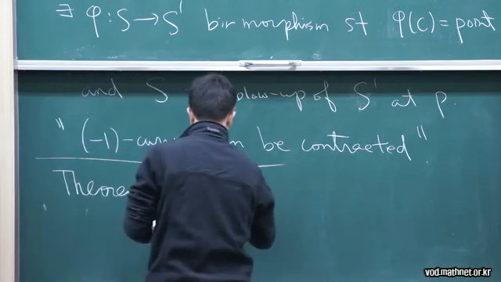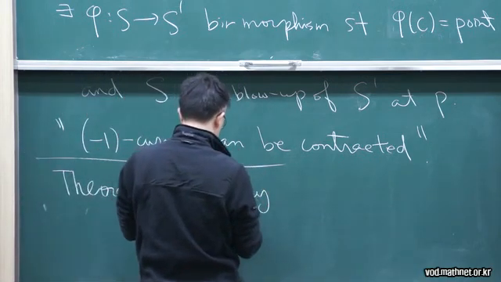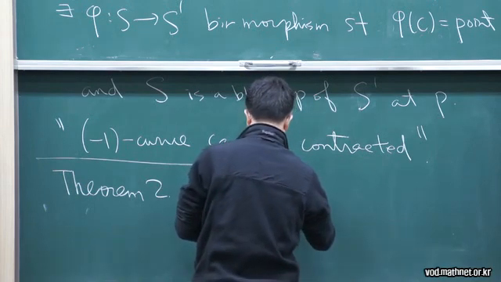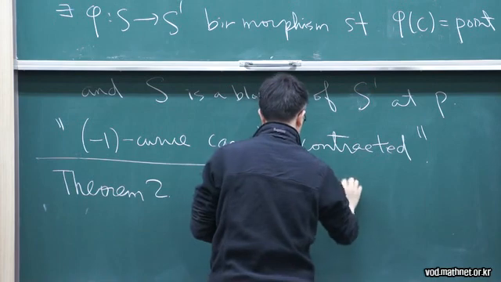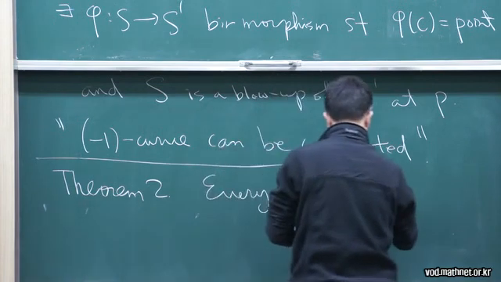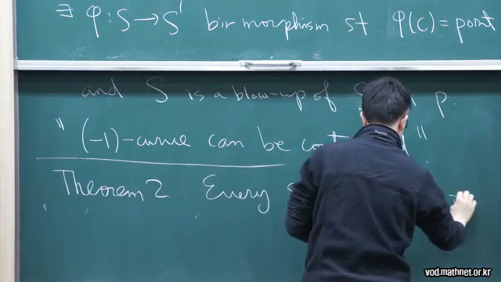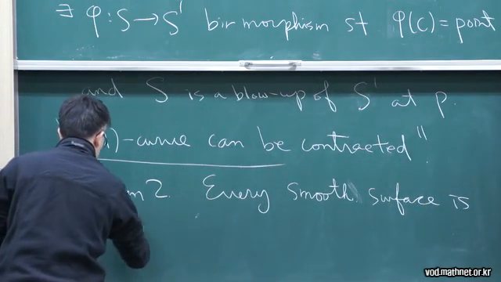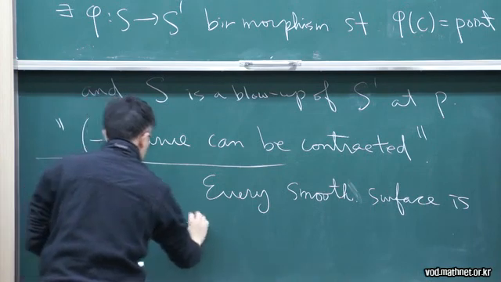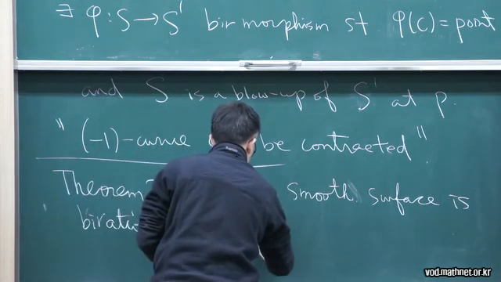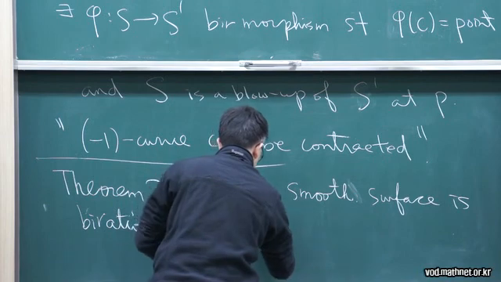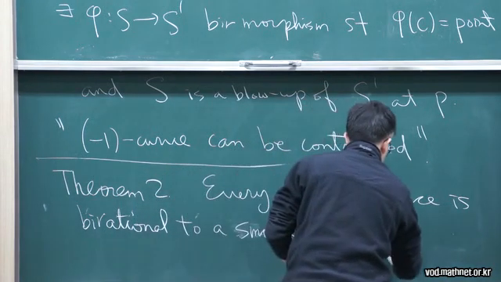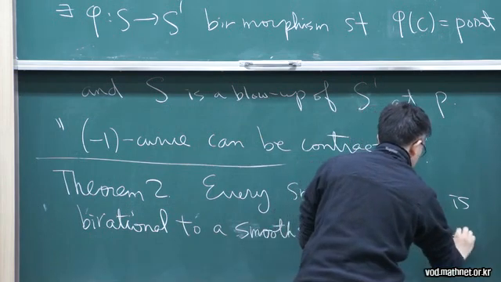This is already stated in Dongsun's lecture: every smooth surface is birational to a smooth surface with no -1 curves.